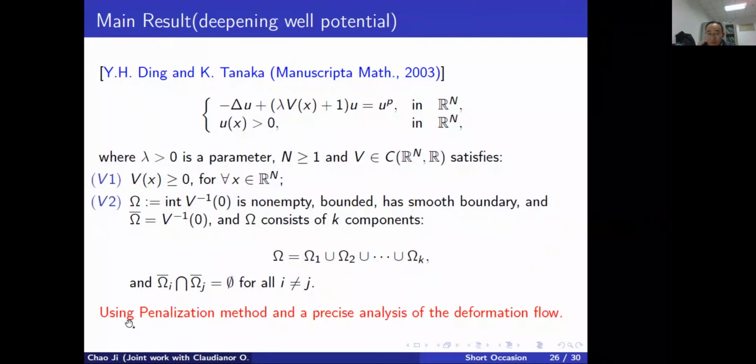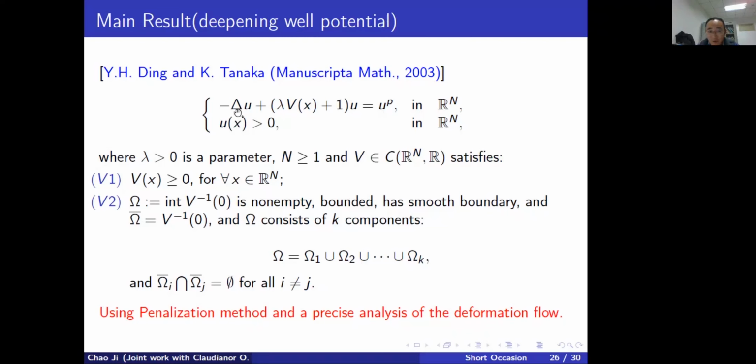In order to study this equation, the difficulty is the lack of compactness, because as I said before, the embedding of H1 of Rn into Lq of Rn is not compact.